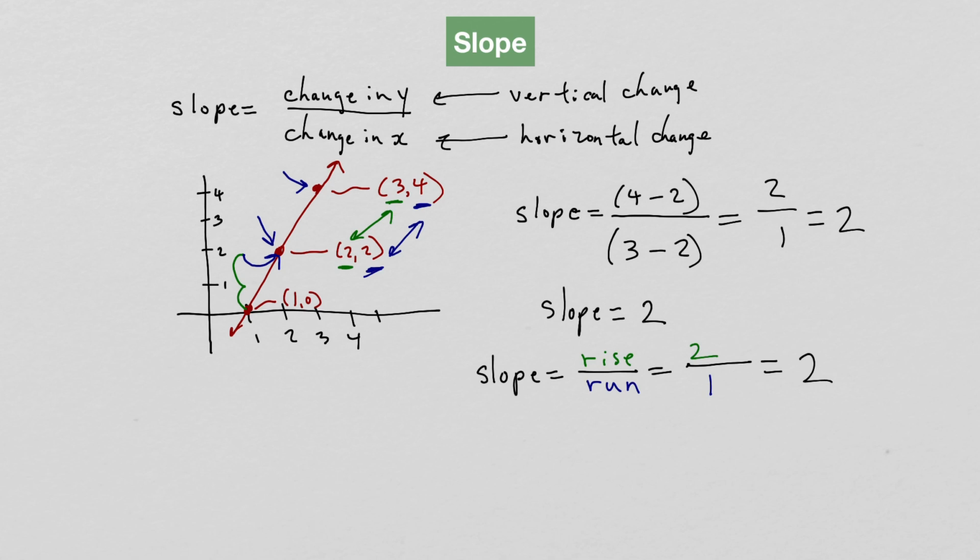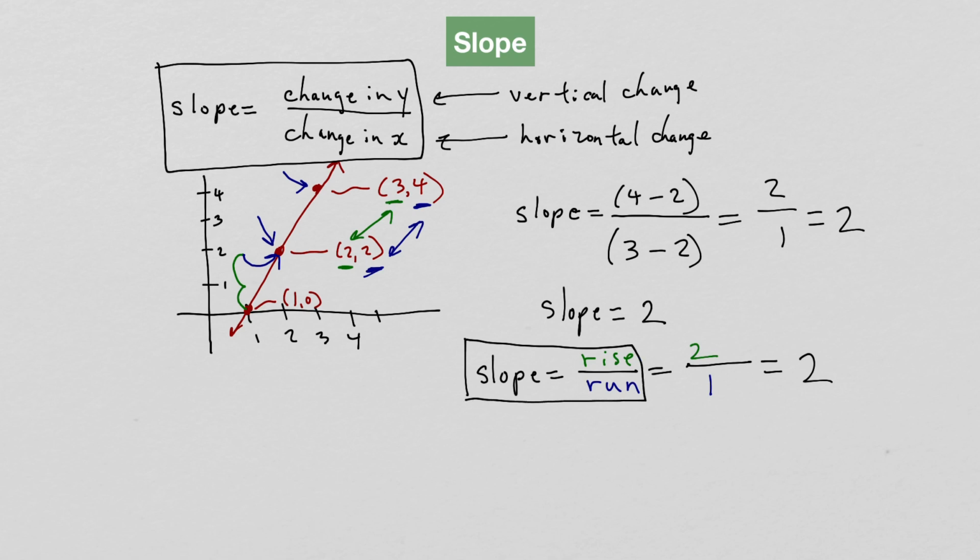Okay, so we defined slope as change in y over the change in x. It is also the same as rise over run. Both of these definitions will become very important as you progress in calculating slope.